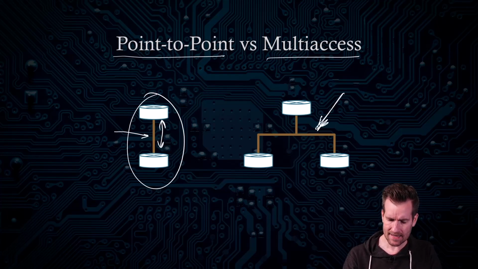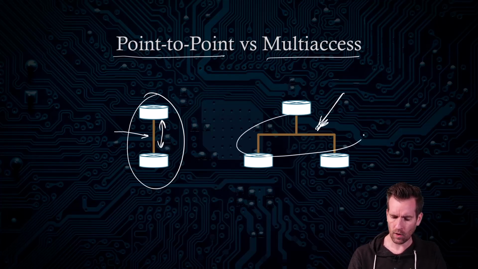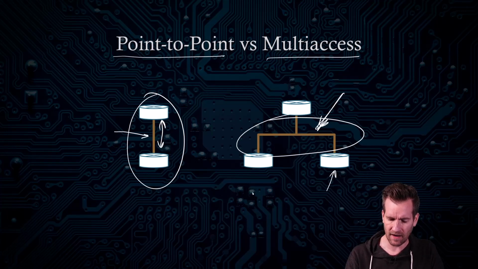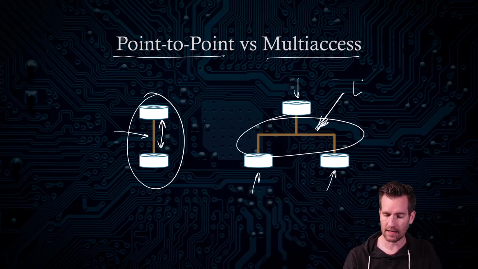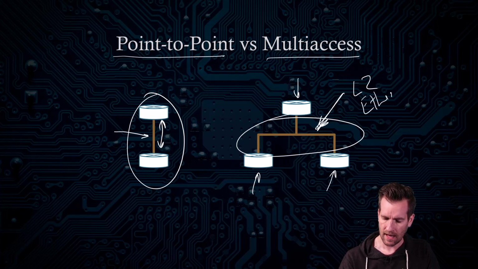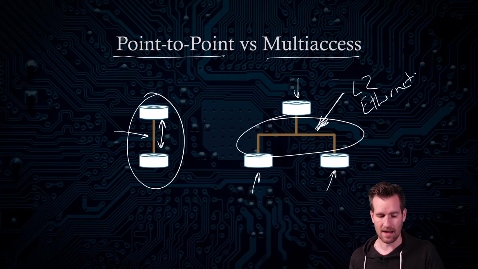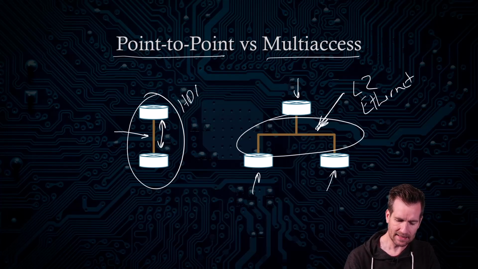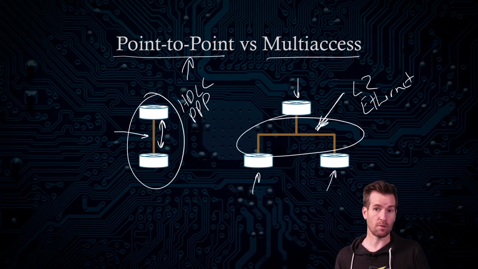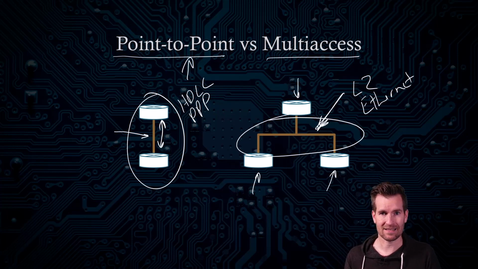A multi-access network is going to be a network that has at least the potential of many different devices connecting to the same layer 2 network. So something like Ethernet would be an example of a multi-access network, whereas HDLC and PPP are point-to-point type protocols. So that is the difference between point-to-point and multi-access.